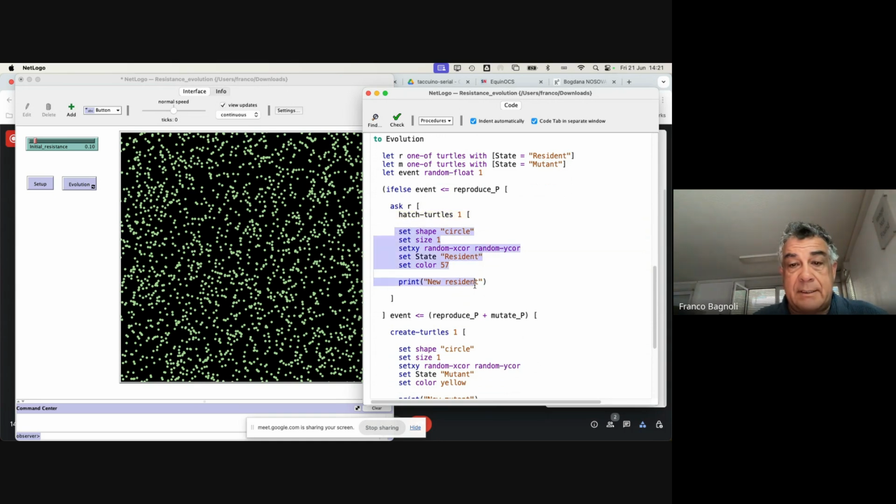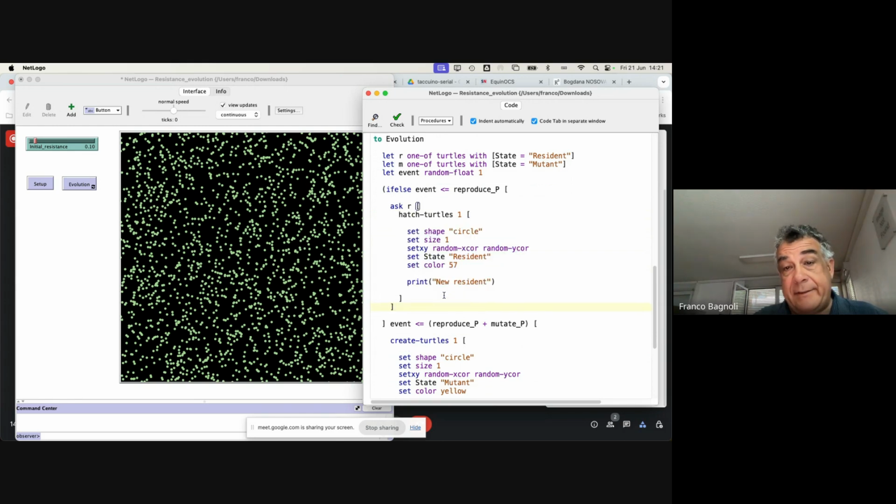Hatch is like laying an egg. Because the idea is that if a patch creates a turtle, it is sprout. It is like a plant arising from the ground. If it is another turtle, it is hatch. And if it is the observer, it's create. So you are the god.